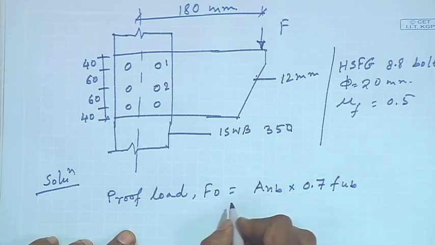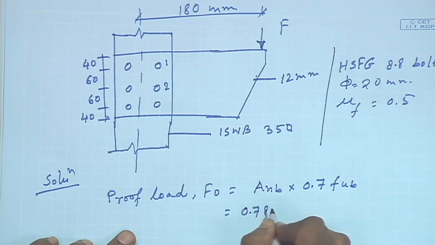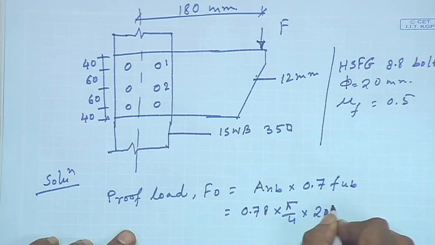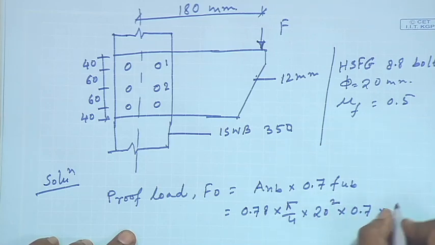Anb we can find out as 0.78 into pi by 4 into d square, d is 20 mm, into 0.7 into fub, which is 800 in this case.